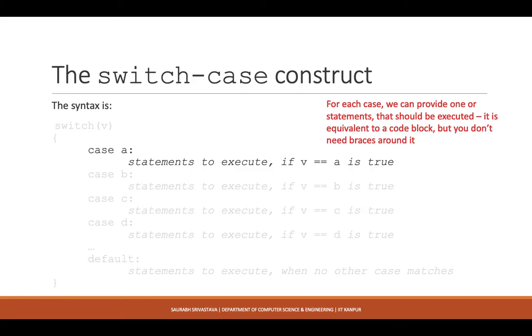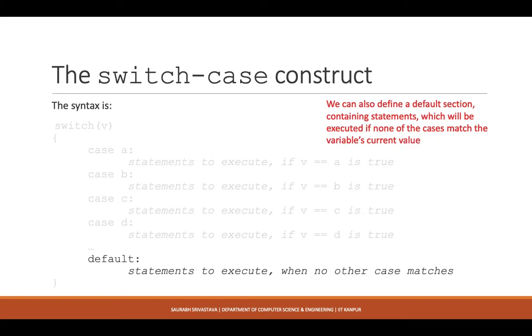So this case a, case b, case c, case d, what you see here are, in the example of academic year informer, case 1, case 2, case 3, and case 4. So these are the 4 values for the variable year, and for each case we can define 0 or more statements to be executed in case the variable has that particular value.